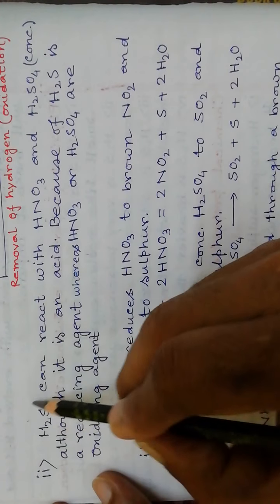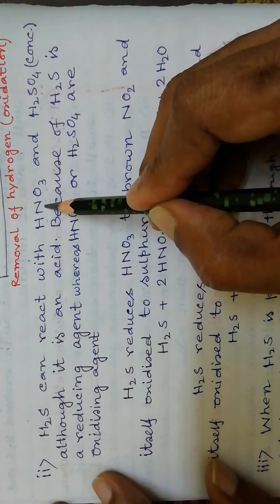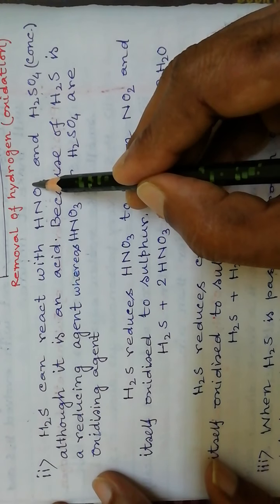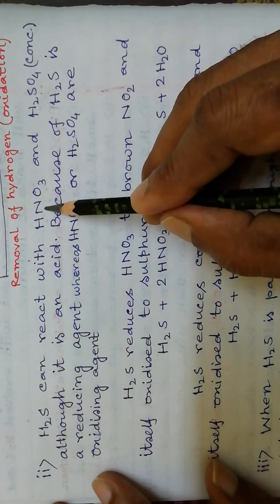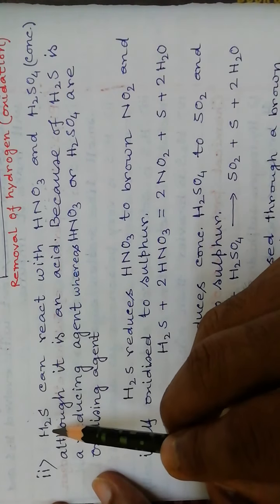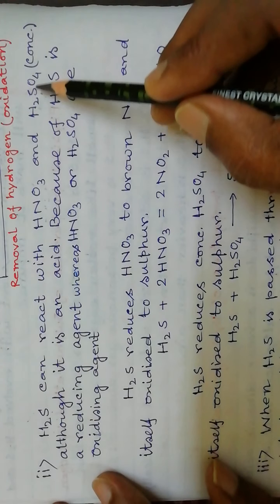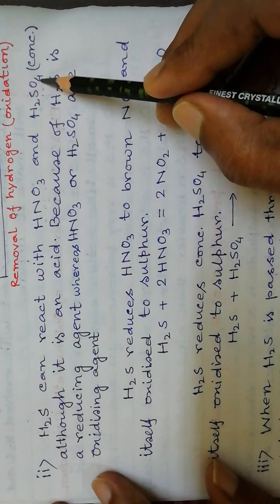As H2S is a reducing agent, it can react with nitric acid. Nitric acid is an oxidizing agent. When H2S reacts with HNO3, it produces nitrogen dioxide. But when H2S reacts with H2SO4, it forms sulfur dioxide gas.